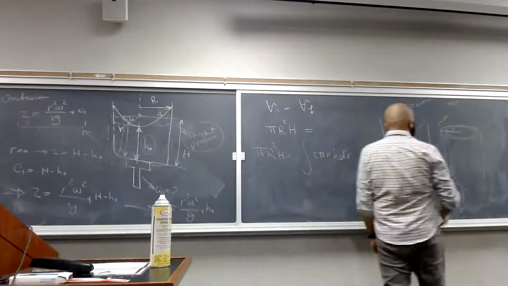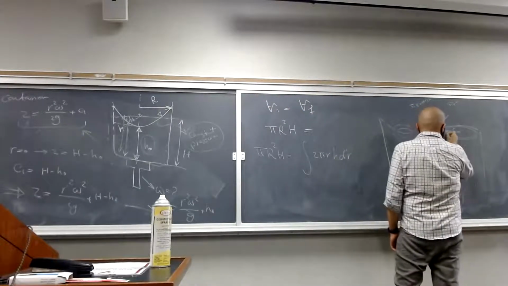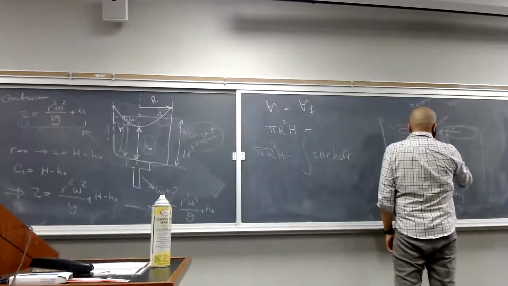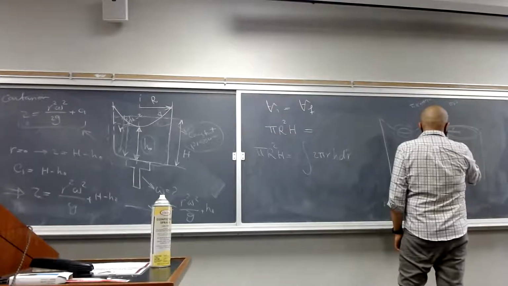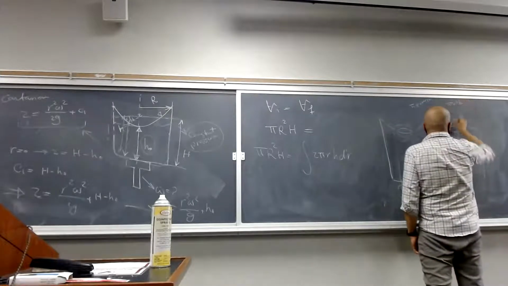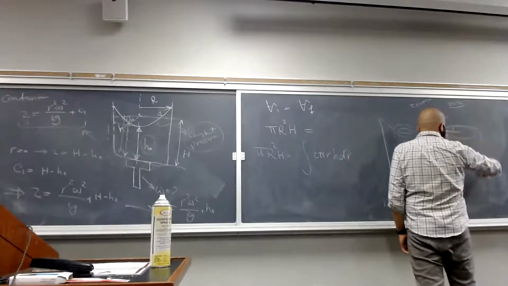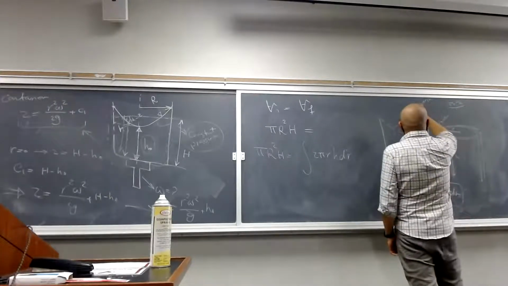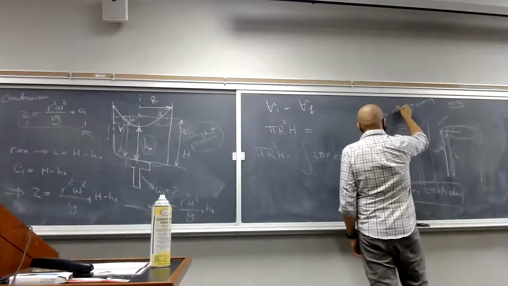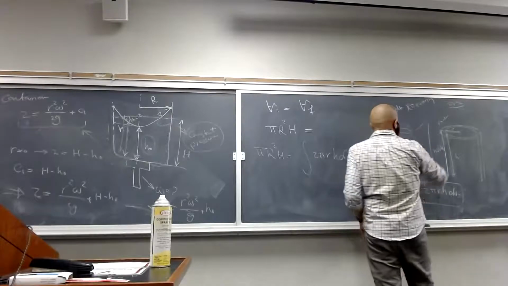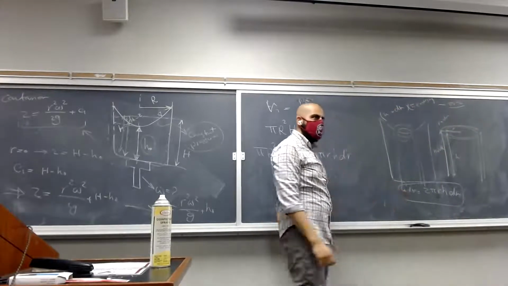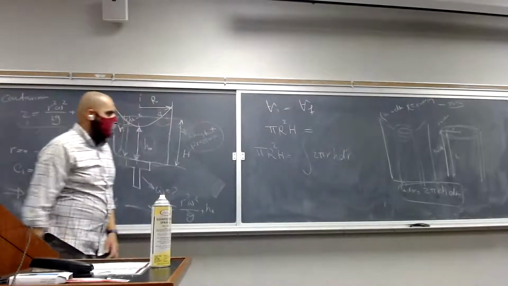And the H here is H. This one is H plus dH. So we're going to get pi R squared H for the smaller cylinder, and this multiplied by H plus dH for the larger cylinder. You just have to subtract these two, and you should get to this dV, in case you were wondering.